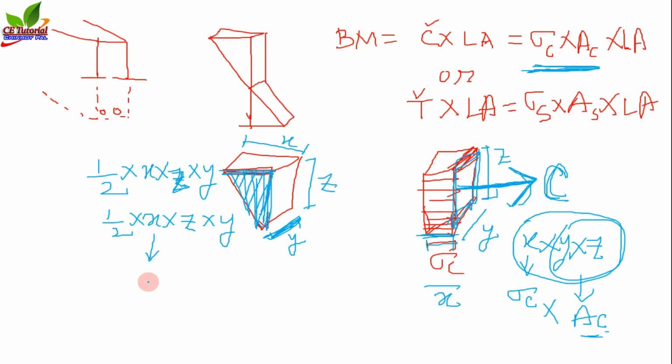Now this X is actually sigma C, and this Z is actually the depth of the neutral axis from the topmost fiber.